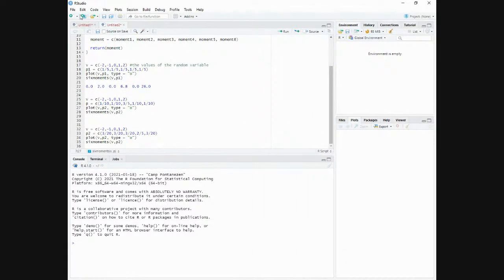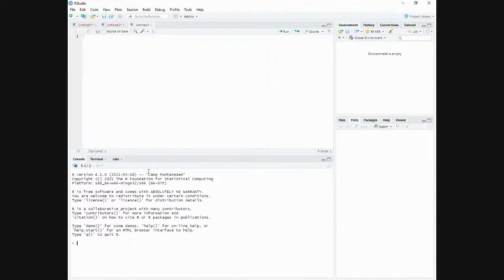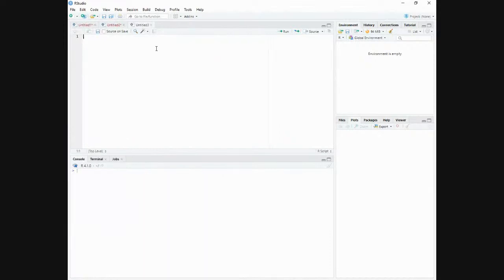So let's do it now. We will find the distance between binomial 3, 1 by 3 and Poisson 1. The good thing is that we have the probabilities.